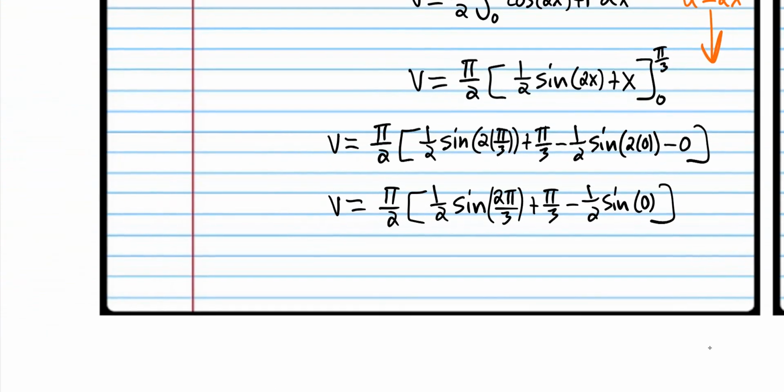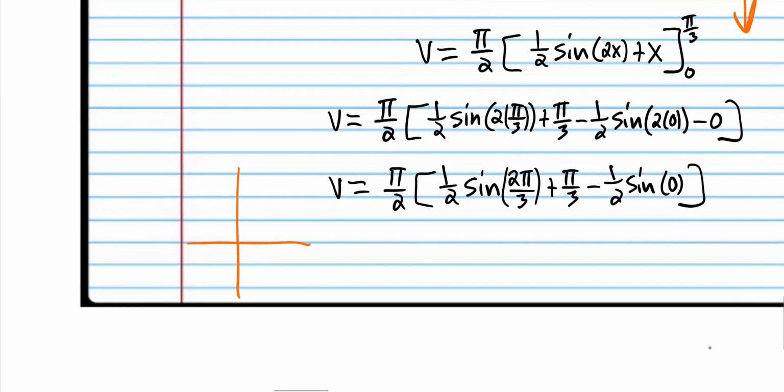So we're going to go over here. If we draw a triangle at 120 degrees, 2 pi over 3 is 120 degrees.